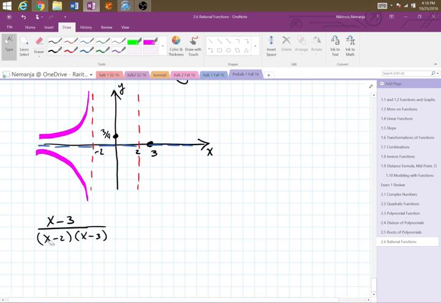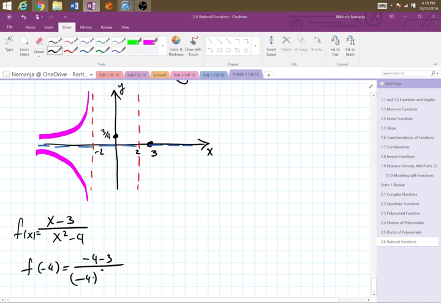I put the wrong one. So this is our function. So now what do we have? Test point at -4. So what's f of -4? It's -4 minus 3 divided by (-4) squared minus 4. So that's -7 divided by 16 minus 4, 12. That's less than 0. Keep the bottom, erase the top.